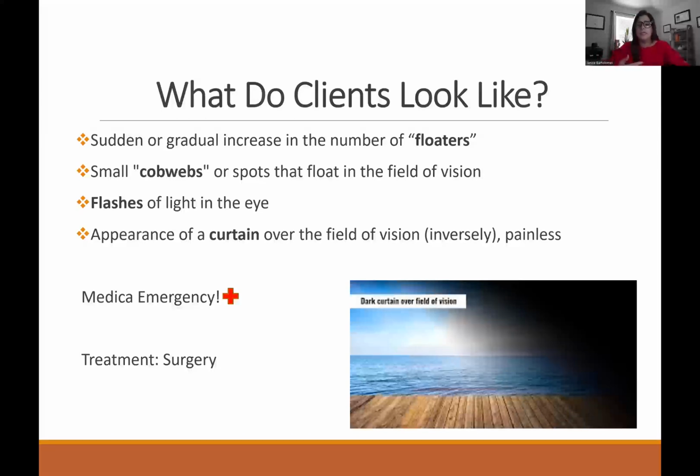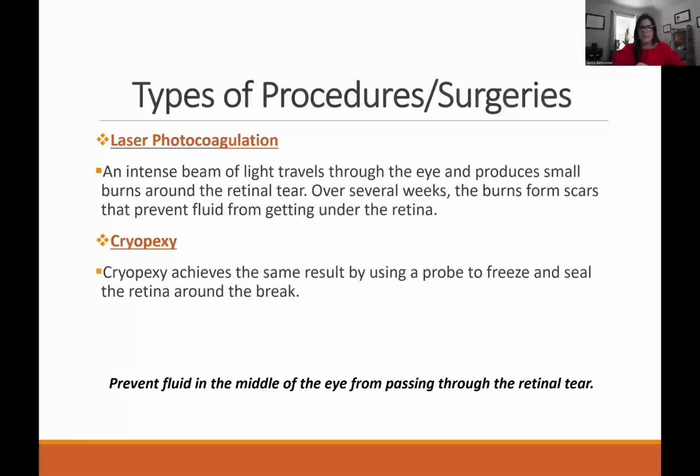Retinal detachment is a medical emergency, and the treatment for it is surgery. You have to fix it. You have to go back and fix a tear, or stitch or buckle, which we're going to learn soon, that retina back into place. So, a couple of procedures that can happen.